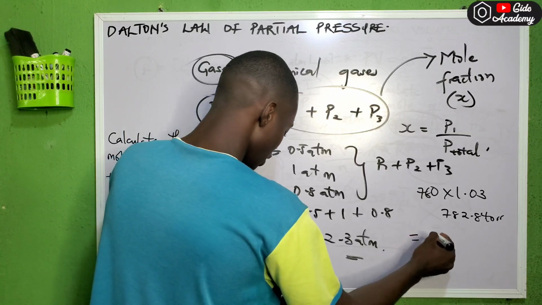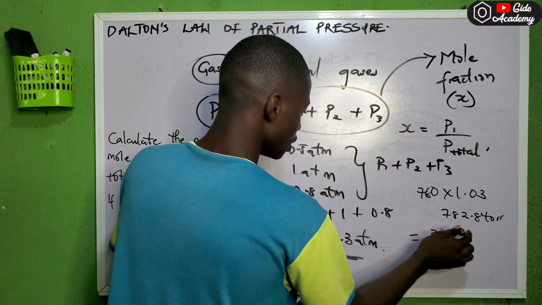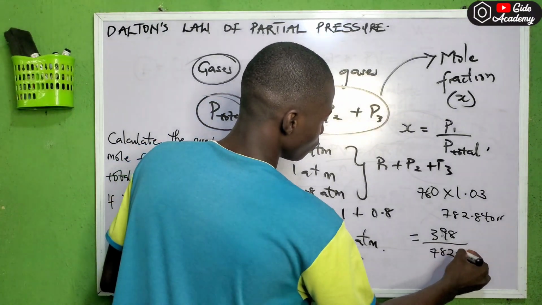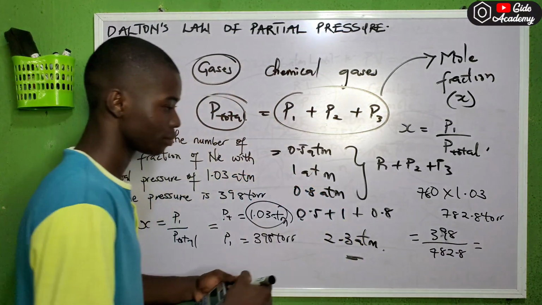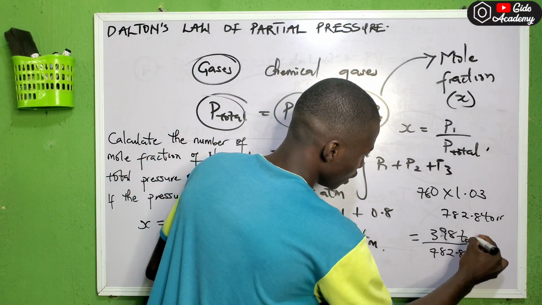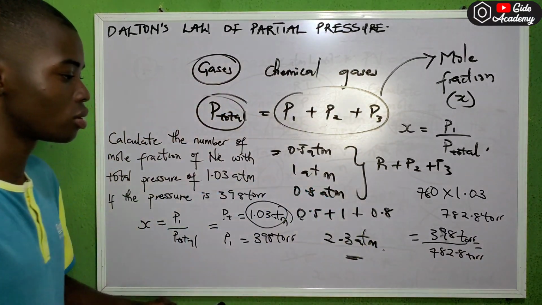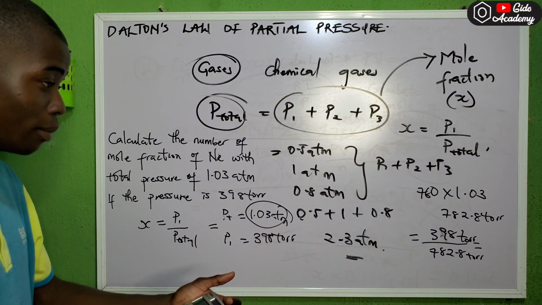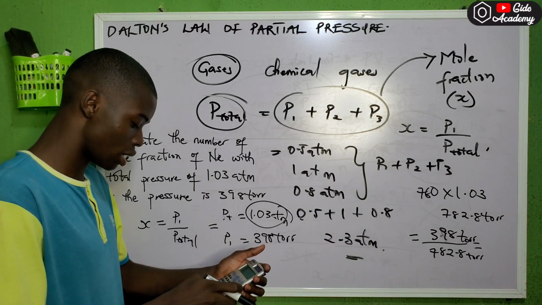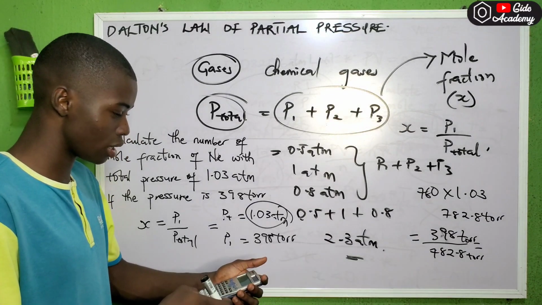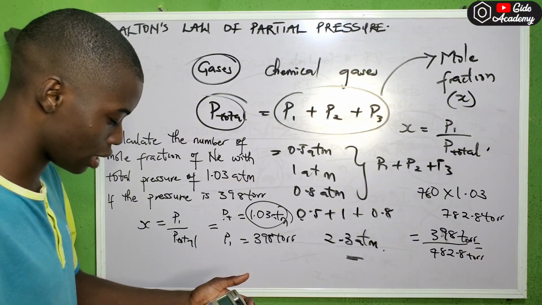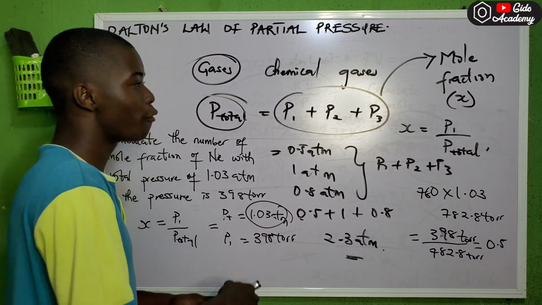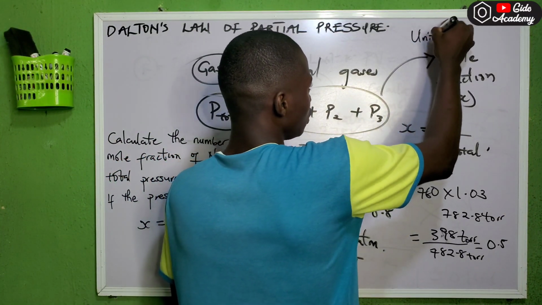So from there, I will have 398 over 782.8, both in torr. 398 divided by 782.8, and my answer here is 0.5. Please take note: mole fraction is unitless. It has no unit.